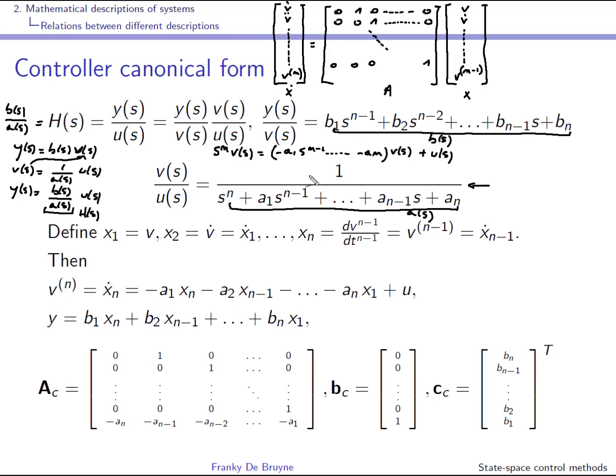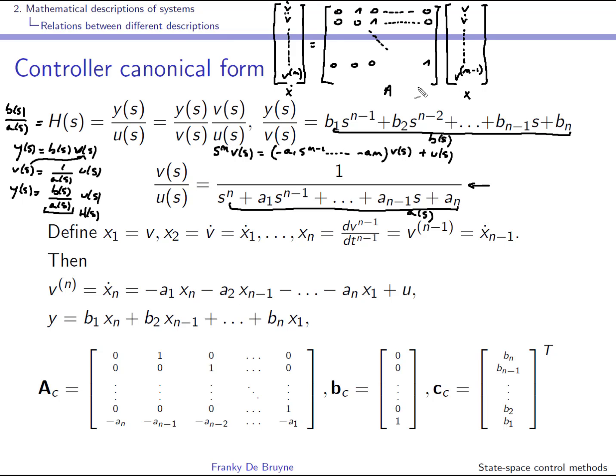Now we'll use this line over here to fill in the last line, because this is the nth derivative and this is the nth derivative that we have on this side, and on the other side we'll have minus a1 times the n minus 1 derivative of v.